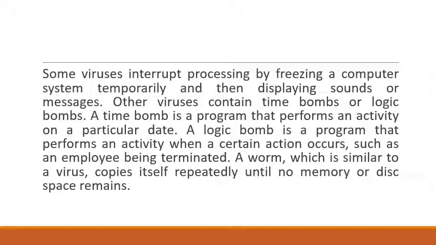A time bomb is a program that performs an activity on a particular date. A logic bomb is a program that performs an activity when a certain action occurs, such as an employee being terminated. A worm, which is similar to a virus, copies itself repeatedly until no memory or disk space remains.